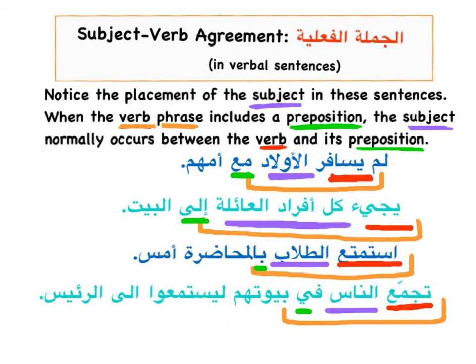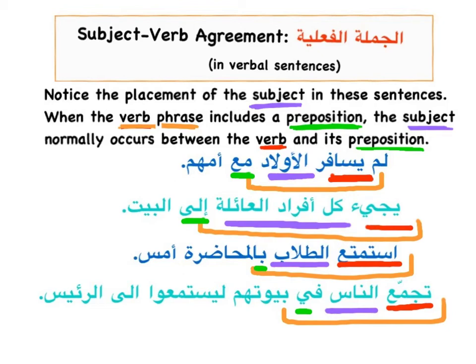When the verb is before the subject, even though the subject is plural, the verb is always in singular. الأولاد is plural, the verb is singular because the verb comes before the subject. So it doesn't agree with it in number. It agrees with it in gender. So الأولاد is masculine and يسافر is masculine.